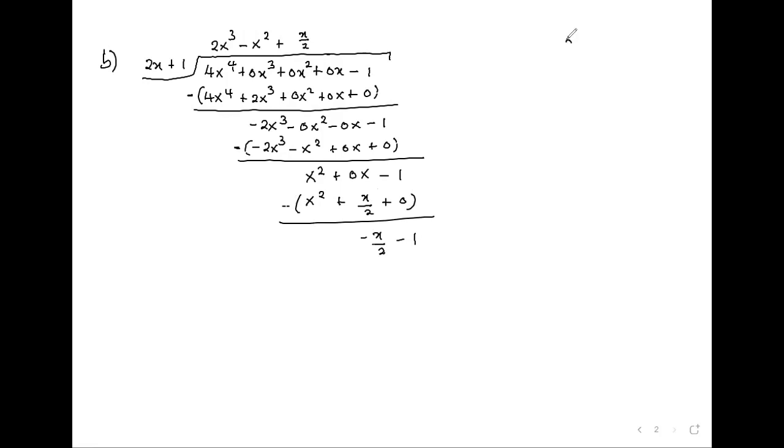So now we're dividing negative x over 2 by 2x. This is the same thing as negative x over 2 multiplied by 1 over 2x. So the x's will cancel and we remain with negative 1 over 4. So we're taking minus 1 over 4 and then multiply. So we'll have minus x.